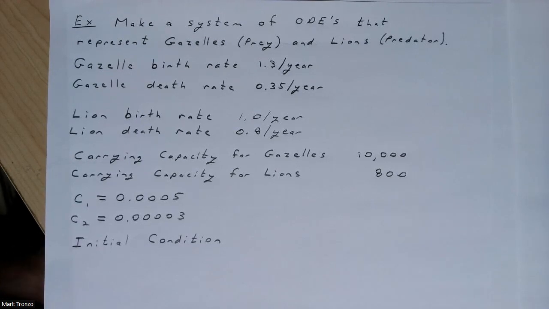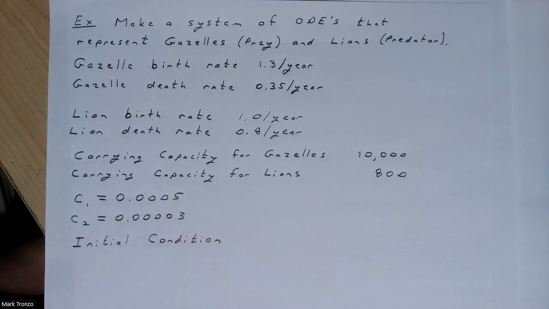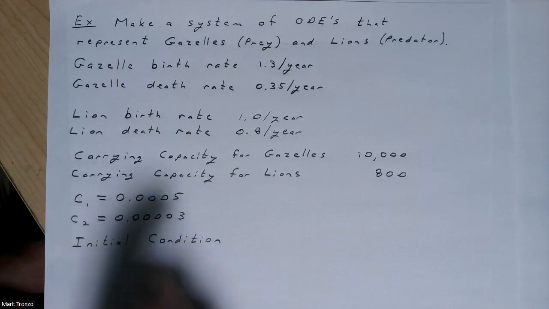And finally, the C1, C2 terms. These are really the most difficult terms to estimate. So I just picked these numbers. Again, they're just rough estimates. And again, remember what they mean.